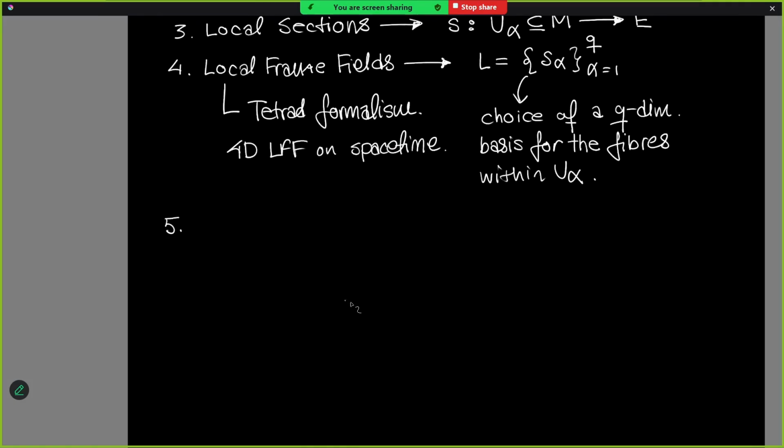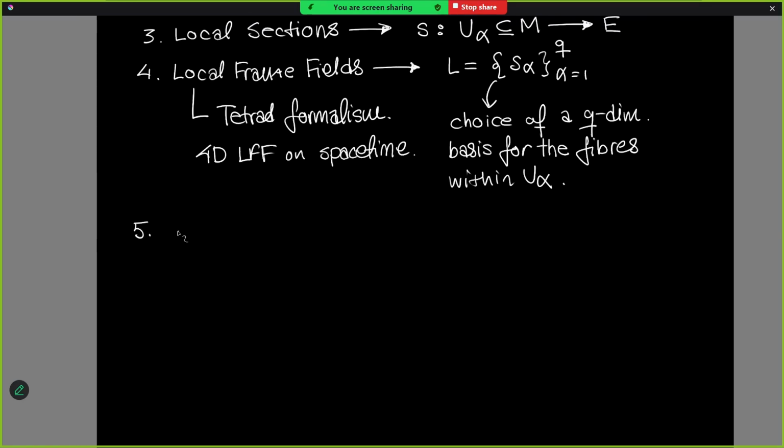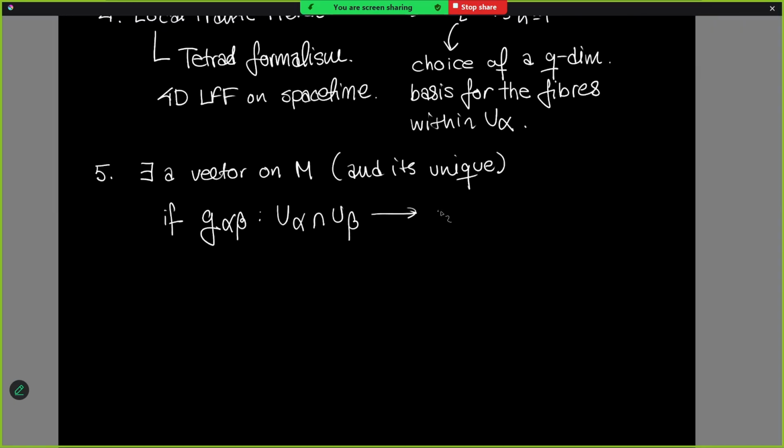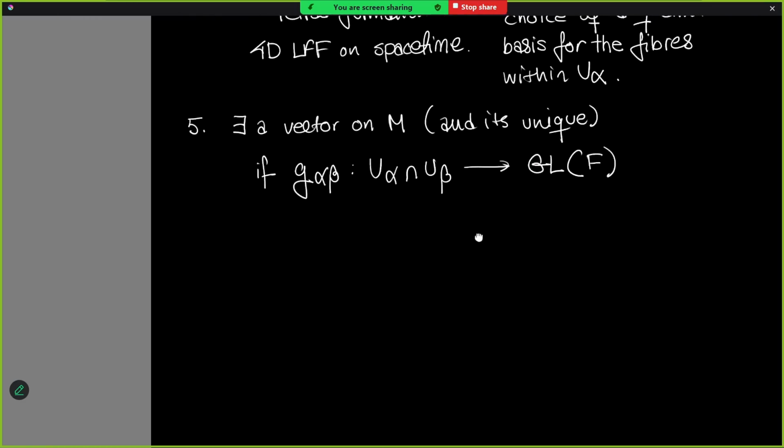Then, in part 2, we looked at a particularly long theorem that said that there exists a vector bundle on M, and it's unique, if you have these maps G alpha beta that go from the intersection of two open sets U alpha and U beta to the space of linear transformations on F, where F is the fiber.